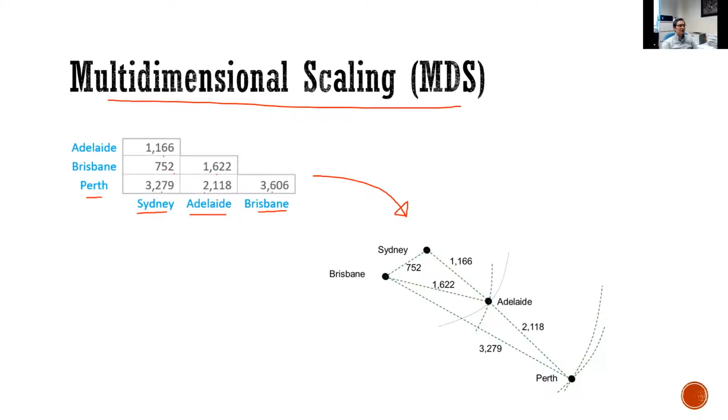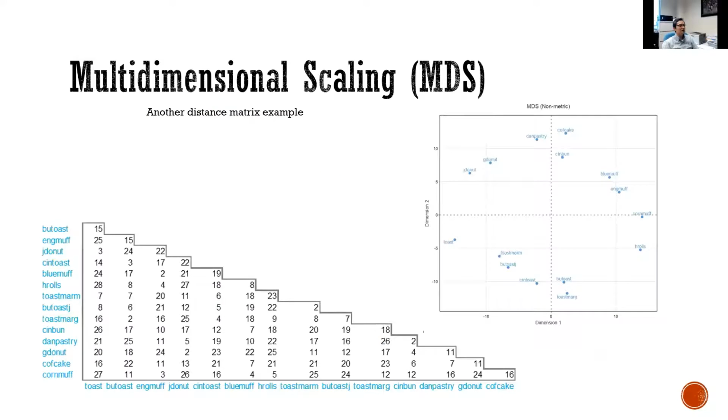You see here the representation of the locations is not the same as their geometric position in the real world, but mathematically this layout will reflect the pairwise matrix or the distance matrix. This is a more complex problem with more cities.